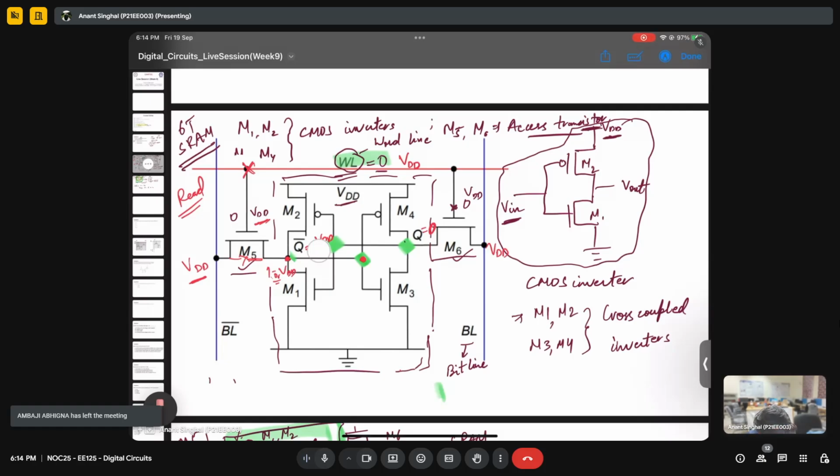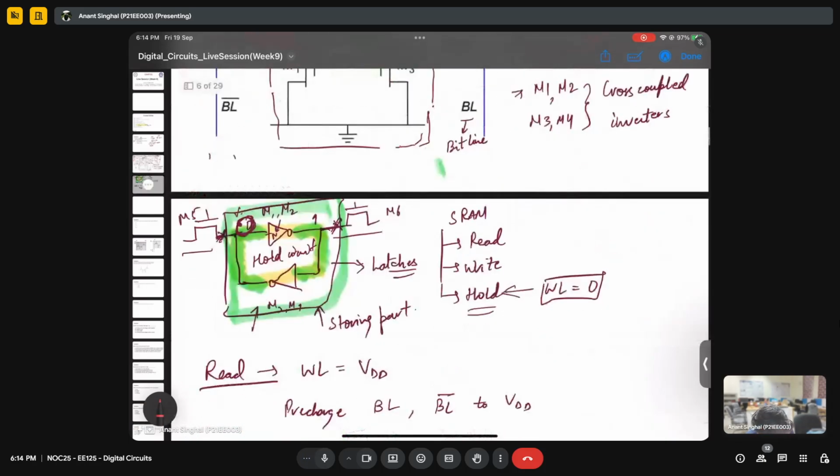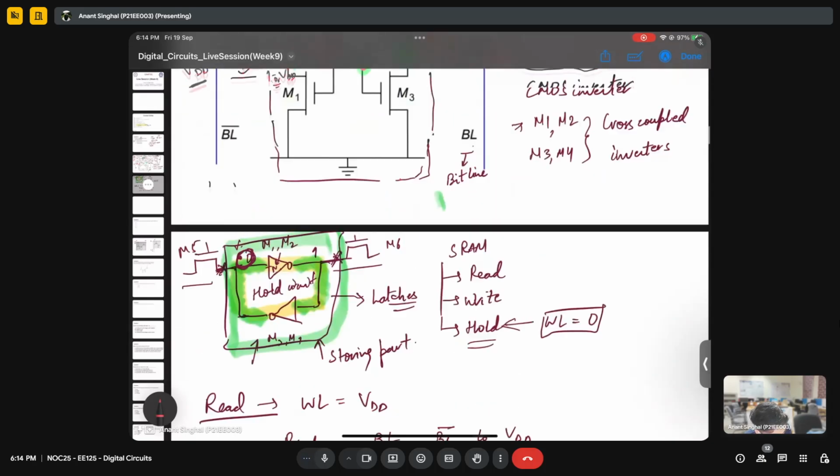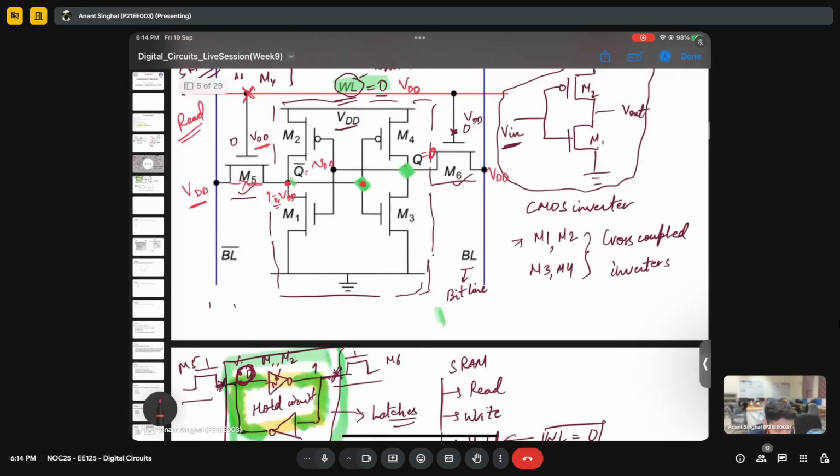Basically, sir, this Q bar has made Q zero now, sir. Yes, yes, I'm listening. You just let me know what you are saying. Sir, M6 also has VDD, no, sir? Here zero, here VDD means M6 is like, how can it happen, sir?